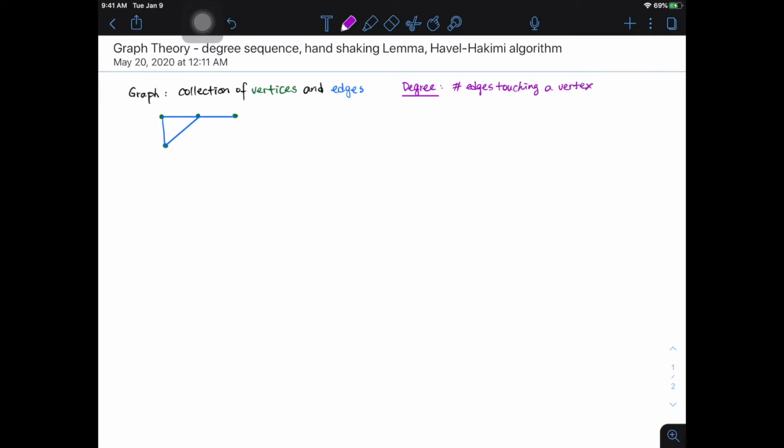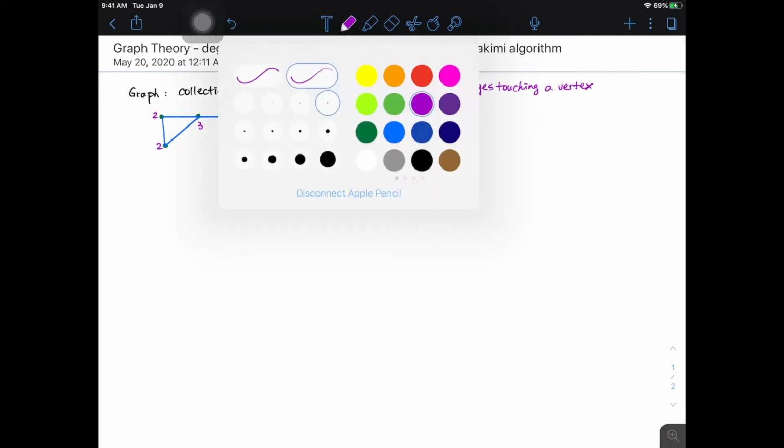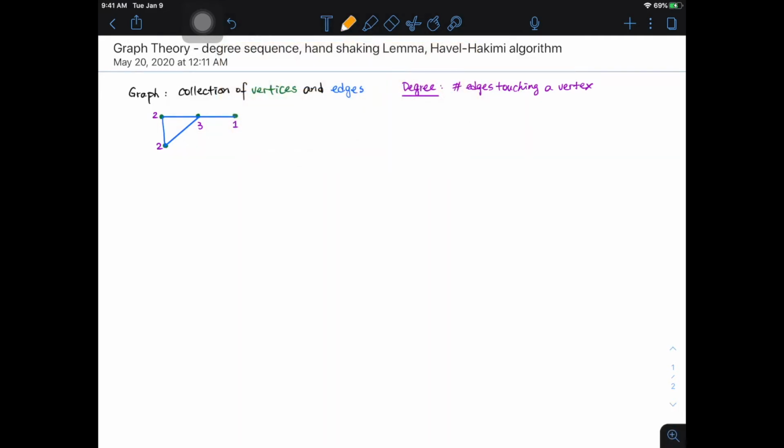So in this example here, these vertices have degrees 2, 2, 3, and 1. A degree is simply a property of each vertex. But when you combine all the degrees together, you get what is called the degree sequence.